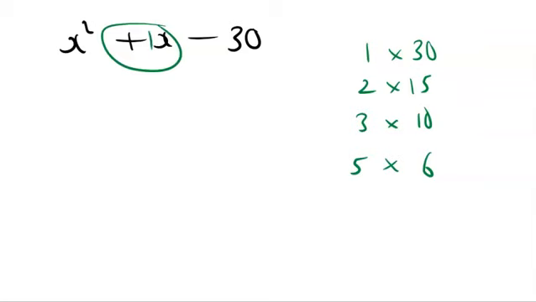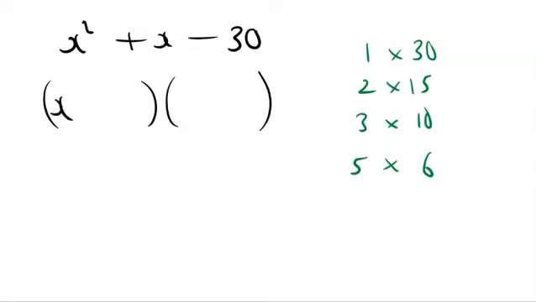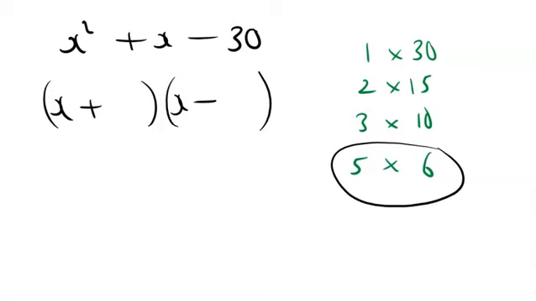There's a 1 here. And again, it's the last pair, 5 and 6, which means my two items here, x and x, again to make x squared, the first term. To get minus here, I must have one sign plus and one sign minus. And then it's 5 and 6.